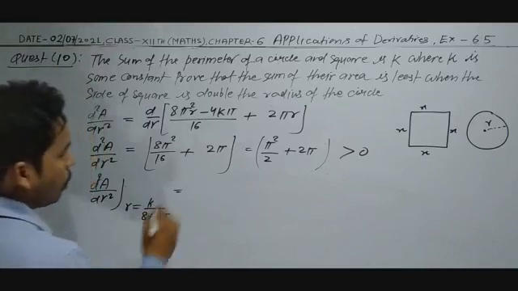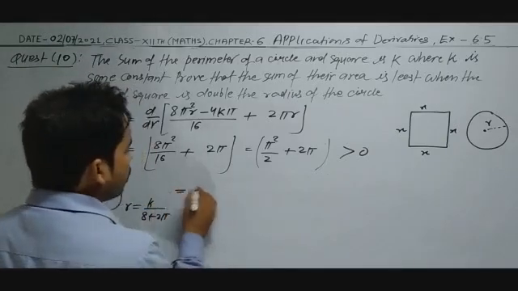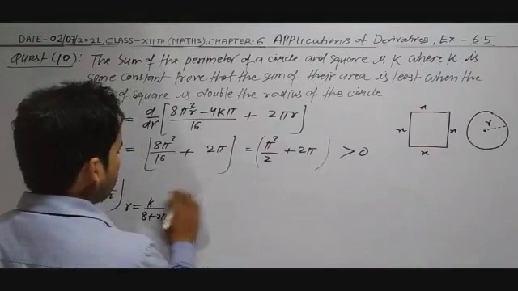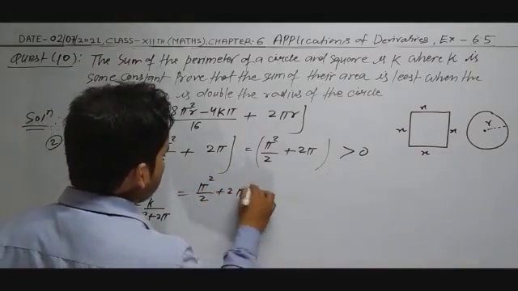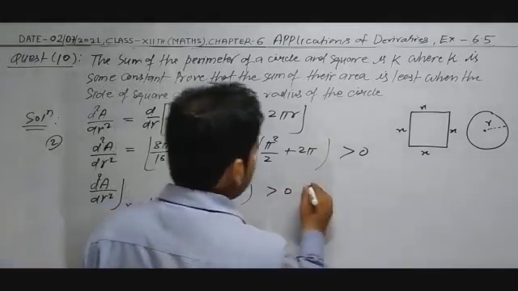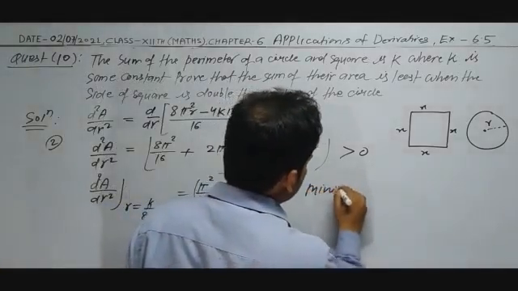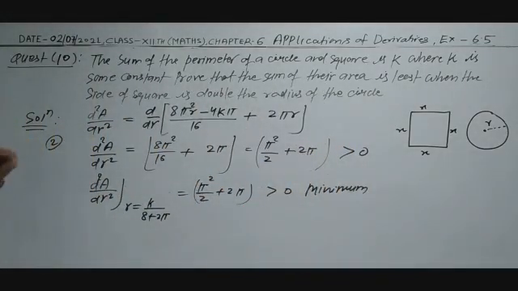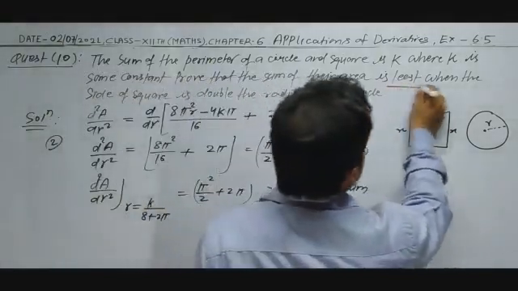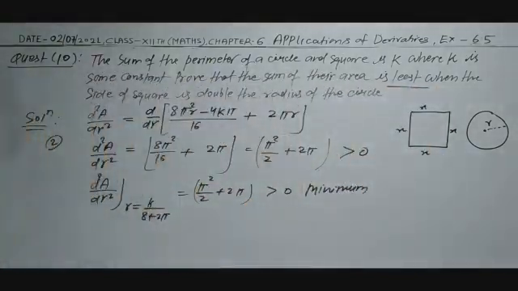When you solve, you will get the positive result, pi square by 2 plus 2 pi. This is positive, means minimum. And for minimum in this question, the area is least.